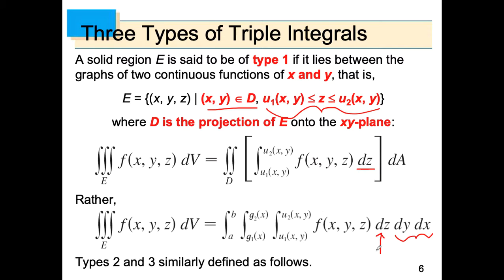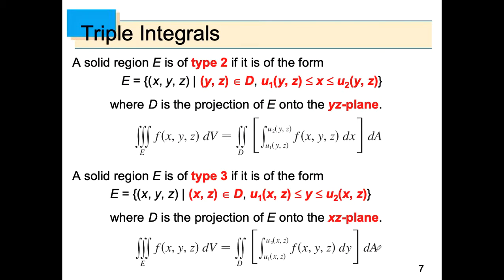Now, types 2 and 3 are similarly defined. So I'm just going to go ahead and show you everything from the book. So notice that for a type 2, you integrate with respect to x first. And then the dA in this case is going to be either dz dy or dy dz.